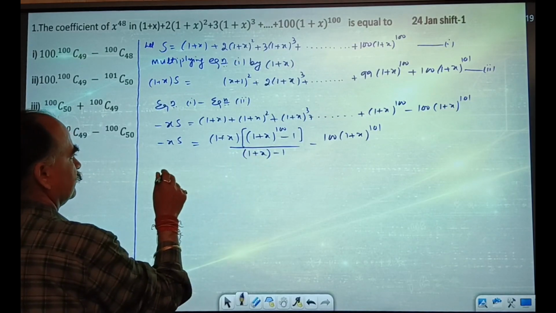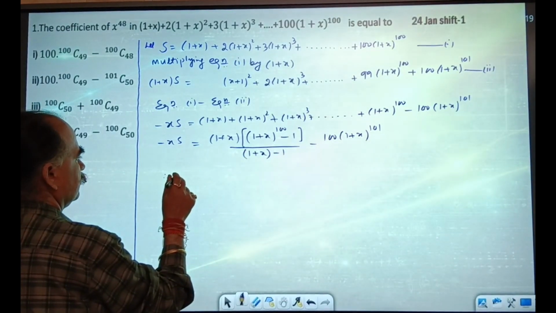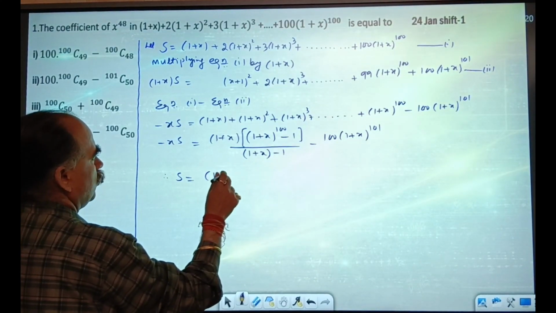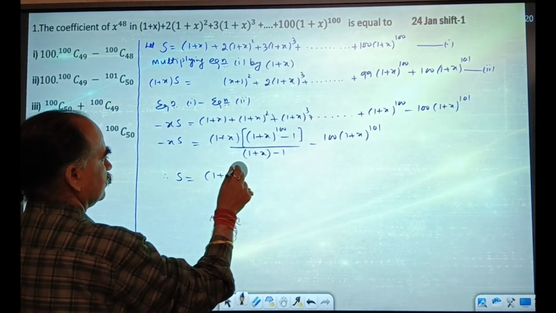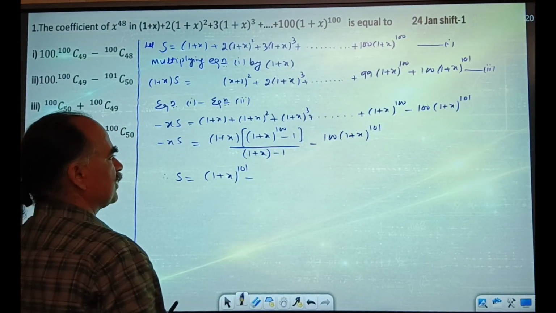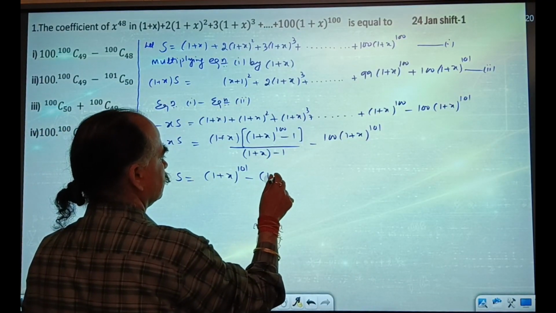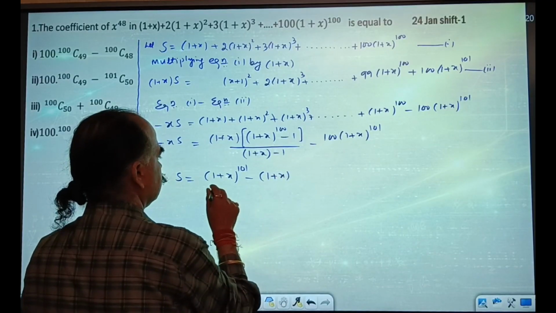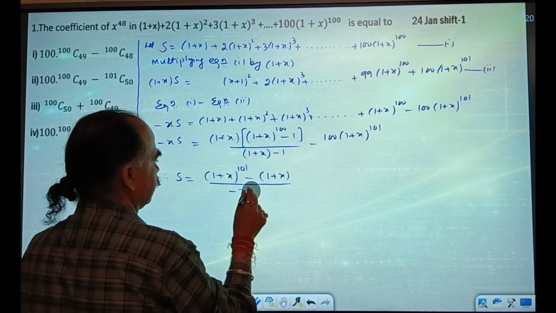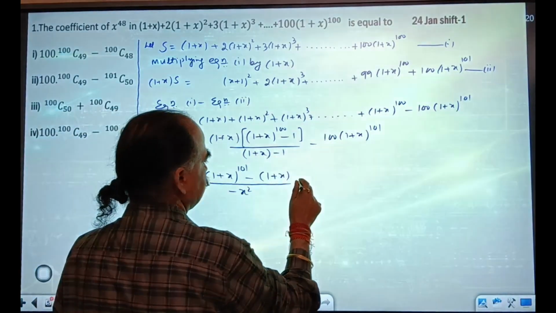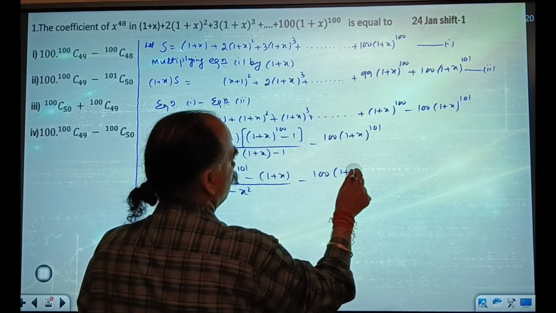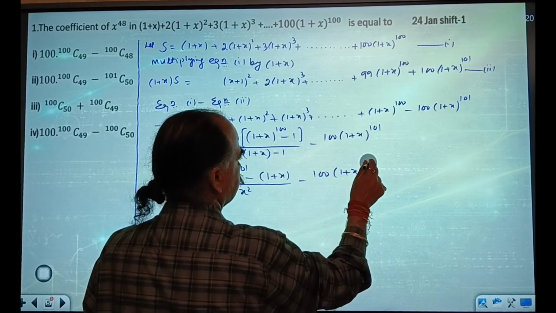This will be x. So S is equal to 1 plus x raised to 101 minus 1 plus x divided by minus x square, minus 100 into 1 plus x raised to 101.